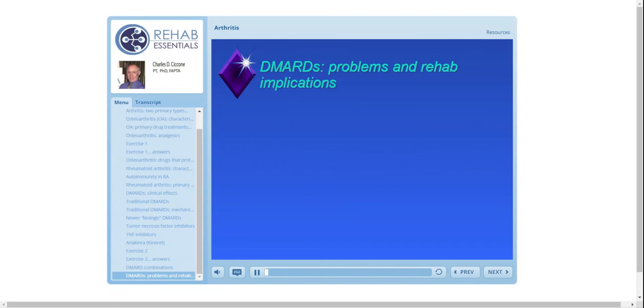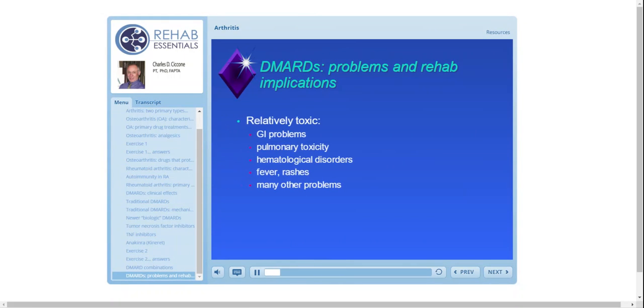Which leads us finally to what are the problems, especially the implications for our patients who are taking these DMARDs. I mentioned many times they are relatively toxic. GI problems, for instance, are fairly common. Problems with nausea, vomiting, cramping, diarrhea, fairly common in many, many patients.